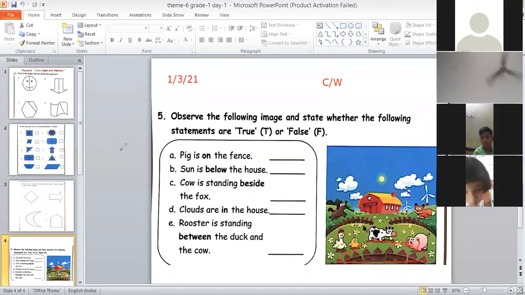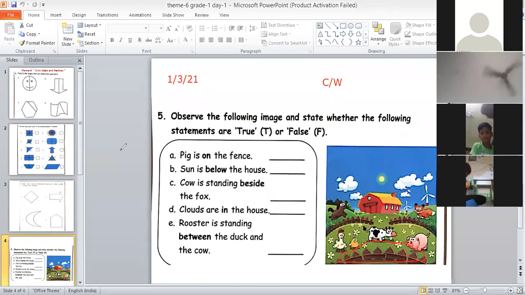Suryansh, please unmute yourself and tell me, pig is on the fence. Is it true or false? You need to unmute yourself, Suryansh. Yes, Suryansh, true or false? True.